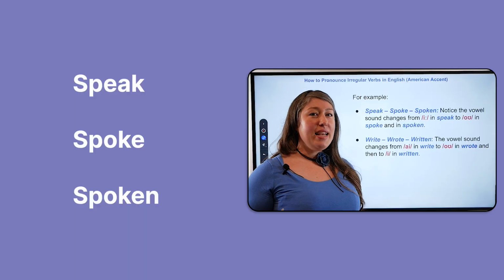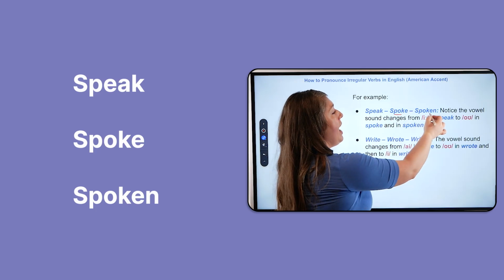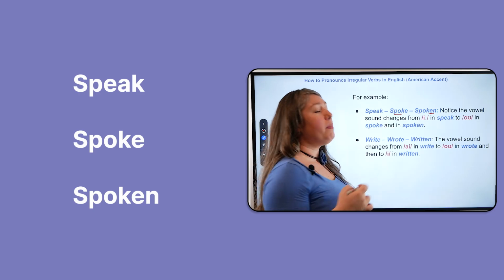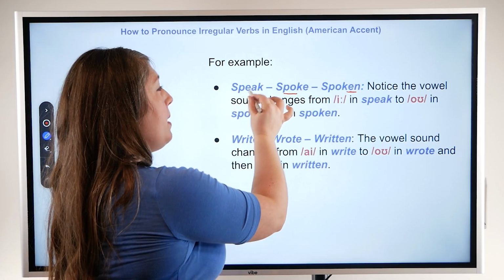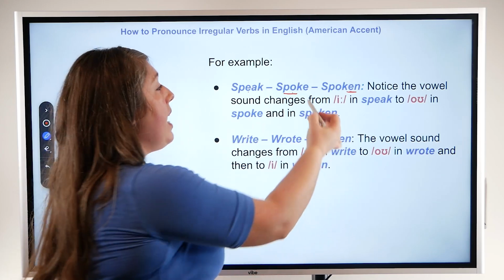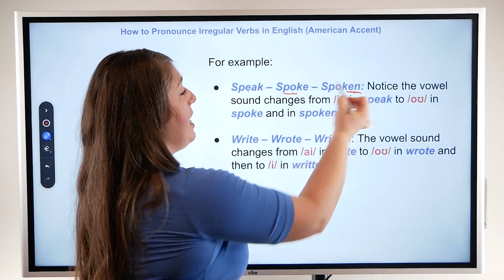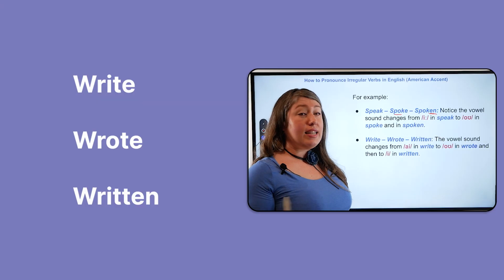For example, the base verb speak becomes spoke in simple past, and when we add the past participle, becomes spoken. So you can see that the vowel changes between speak and spoke, and when we add the past participle, we're just adding it to the past simple base by adding en. But that's different when we look at a verb like write.